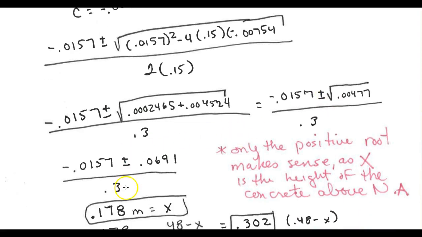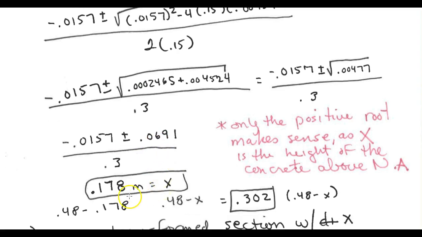In other words, when I come to this part of the equation, we could have negative 0.0157 minus 0.0691, or negative 0.0157 plus 0.0691. The only root that makes sense is the positive root, because x is the height of the concrete above the neutral axis, so it doesn't make any sense that it could be a negative number. So I only solve for the positive value of x, and I get 0.178 meters equals x.